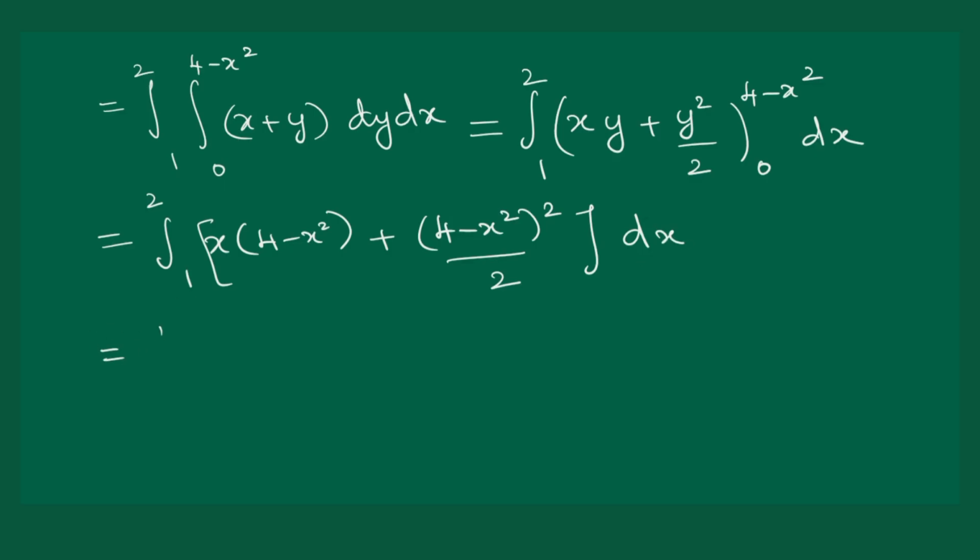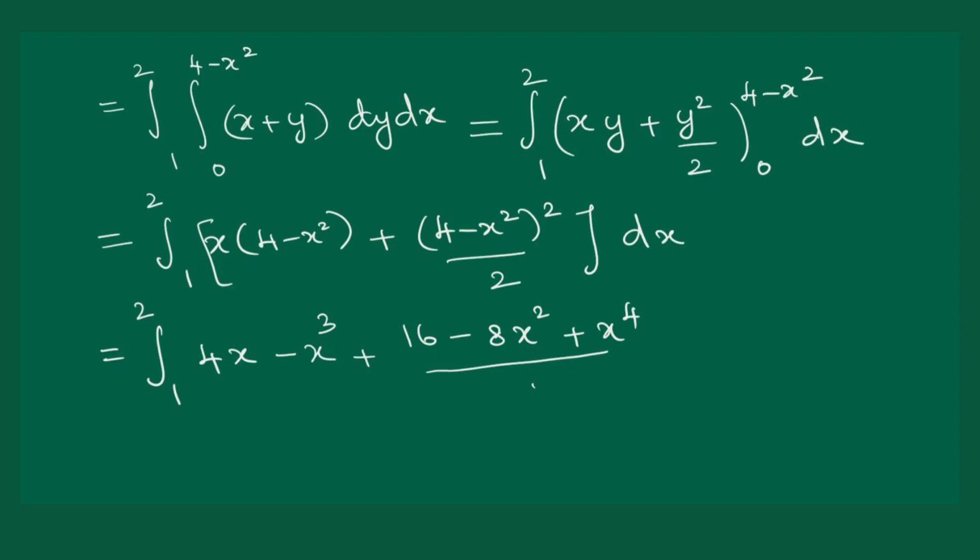We can't directly integrate it, so first we have to simplify this. This term becomes 4x minus x cube. Next, it is 16 minus 8x square plus x to the power 4, whole divided by 2, into dx.